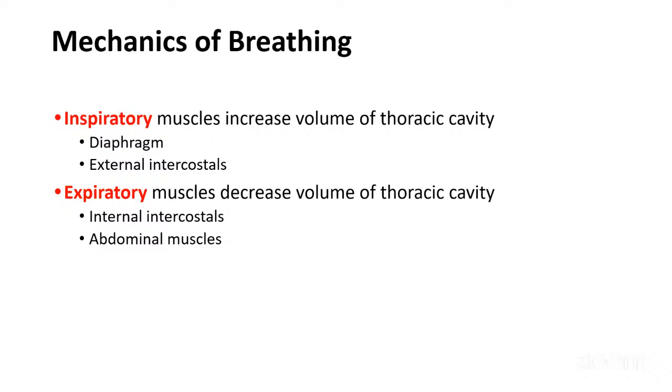So now we're going to think about the muscles that mechanically help us change these pressures. We have some muscles that are going to help us when we breathe in, and some muscles that help us sometimes when we breathe out.